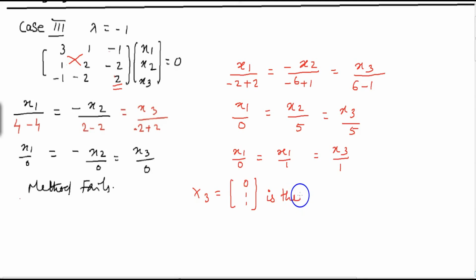Zero, 1, 1 is the eigenvector corresponding to lambda equal to minus 1.